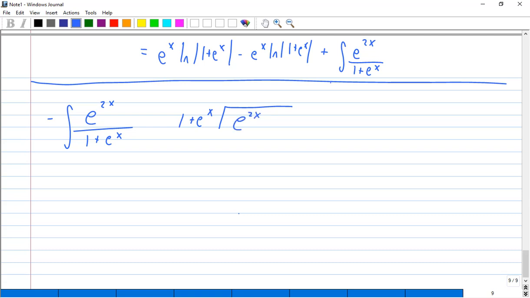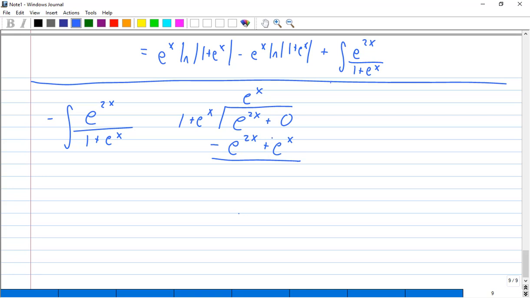What would I have to say times e to the x to give me e to the 2x? e to the x. All right. So I'm going to say this times both of those. So if I do that, I have e to the 2x, and then plus e to the x. So I could have a 0 up here.